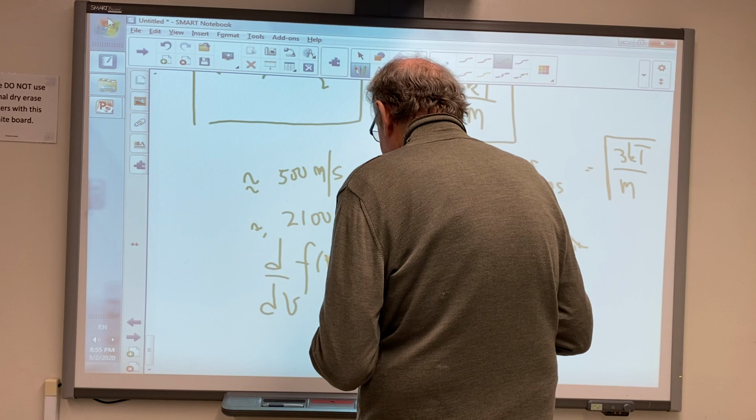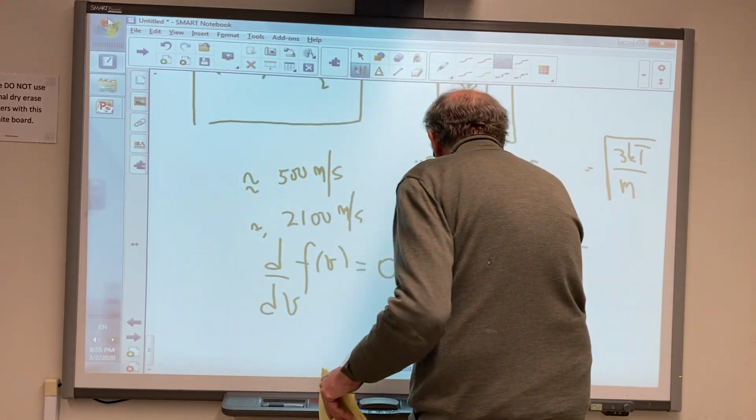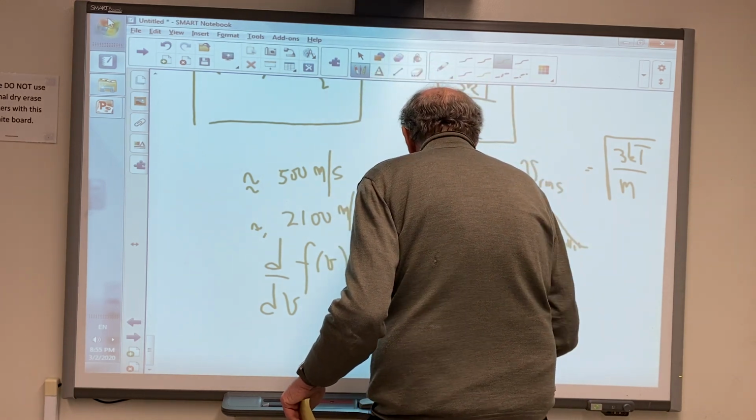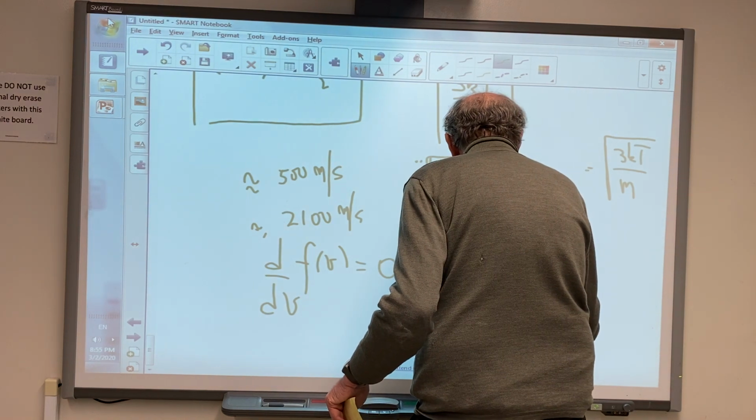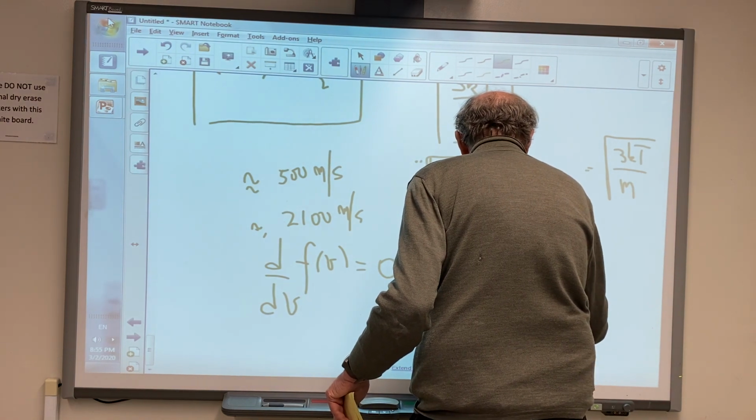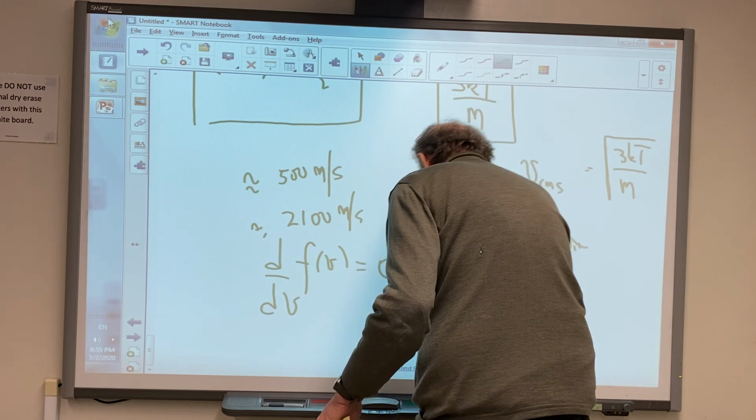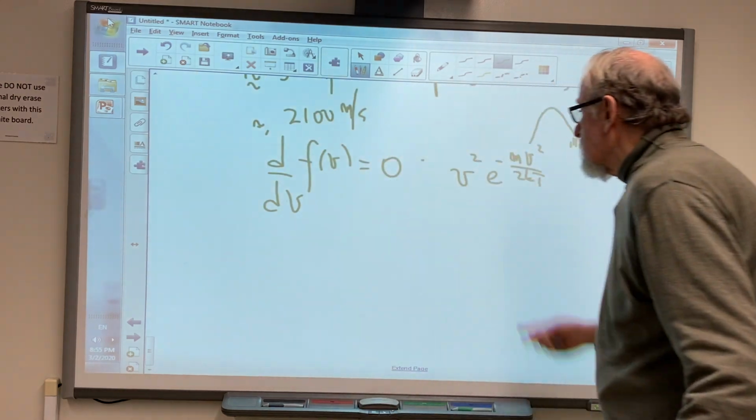So this is calculating a derivative. Remember, the function is, besides constants in front that I don't care about, v squared e to the minus m v squared over 2kT, with constants in front that for the derivative do not matter.